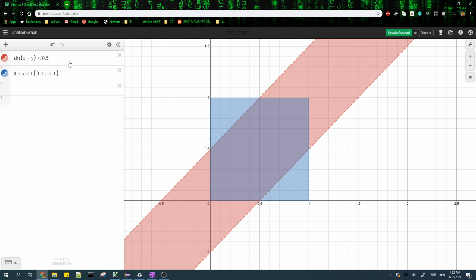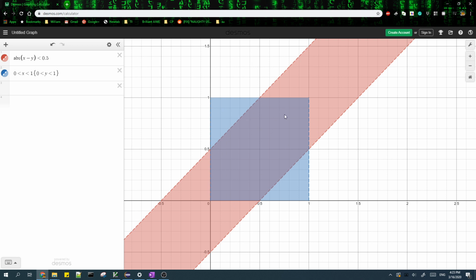And then the red region represents the pairs such that the absolute difference is less than 1/2. So we want the probability that if a point is chosen inside the square, it will be inside the red region. And then we can do some simple geometry to find the area of the red region inside the blue square.